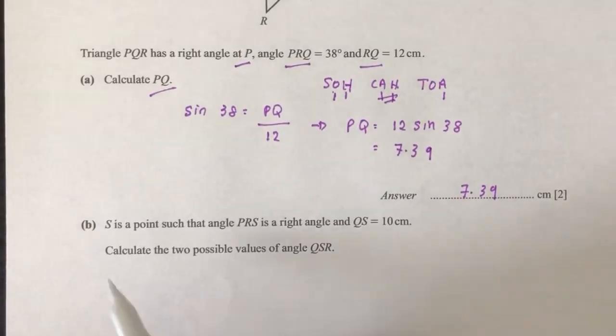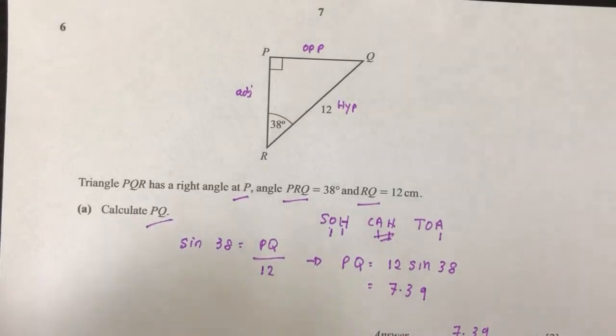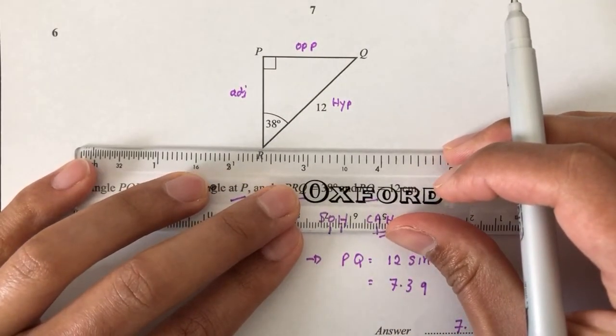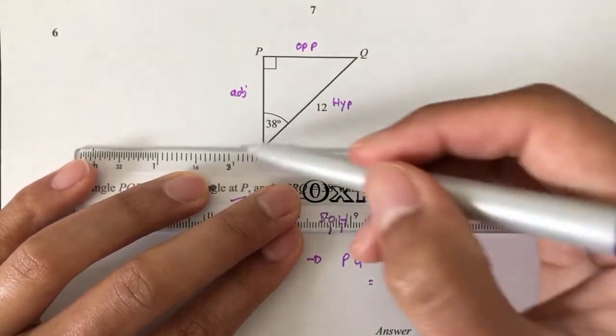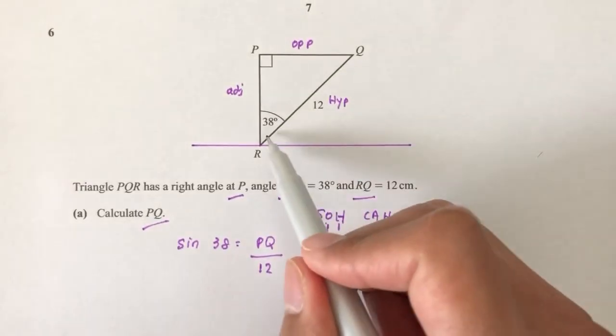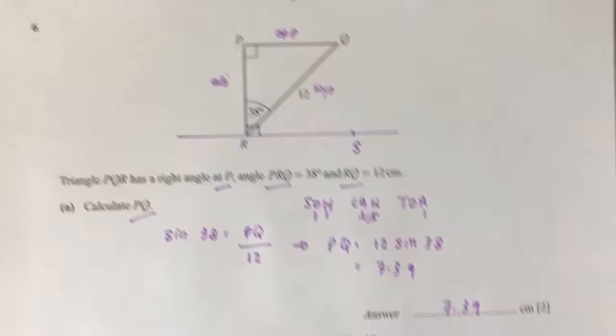Now for part B, S is a point such that PRS is a right angle. So we have a point S somewhere on this side. So we have to have a line perpendicular. So PRS is 90. Let's say S will be about this point, right?